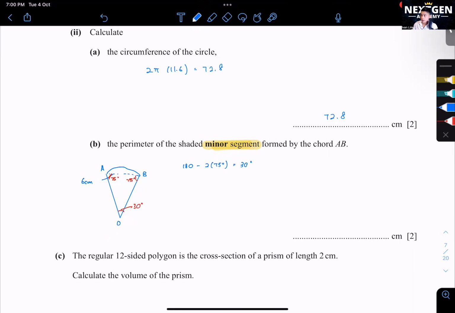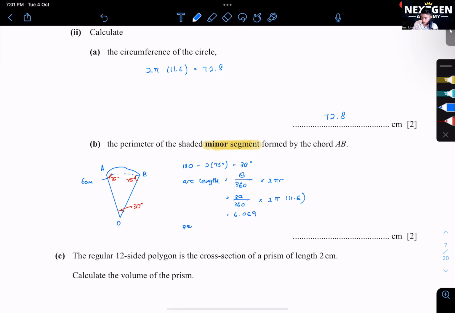Okay, arc length, the formula for arc length is theta over 360 times 2 pi r. So 30 over 360 degrees times 2 pi times 11.6. You get 6.069.